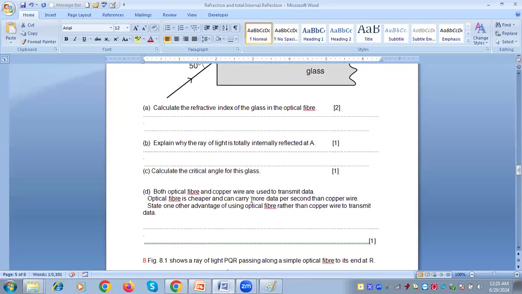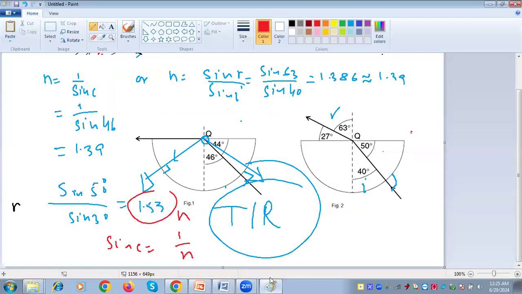Both optical fiber and copper wire are used to transmit data. We have calculated the refractive index. They have asked to calculate the critical angle. So let us solve. Sin C equals 1 upon 1.53.